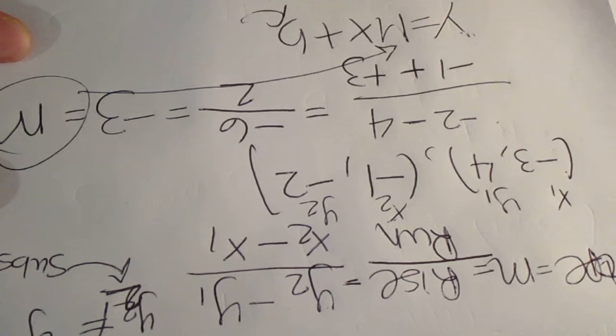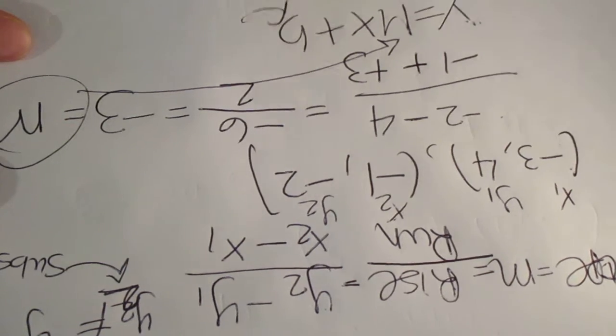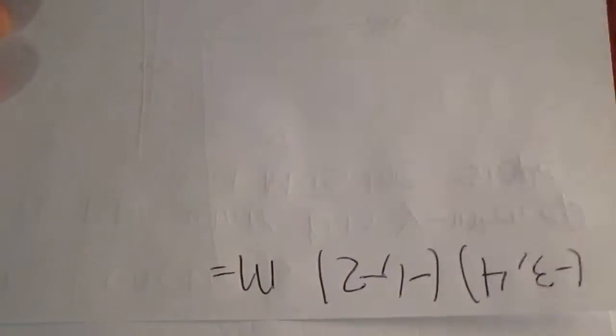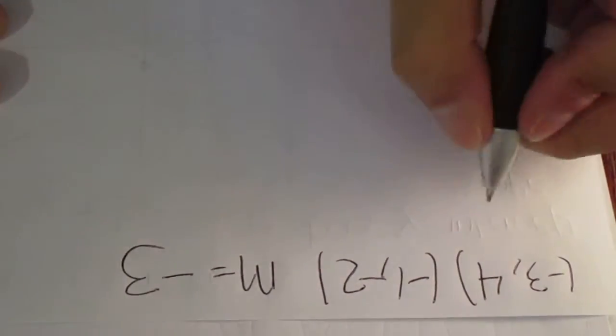Our coordinates were (-3, 4) and (-1, -2), and our slope is -3.